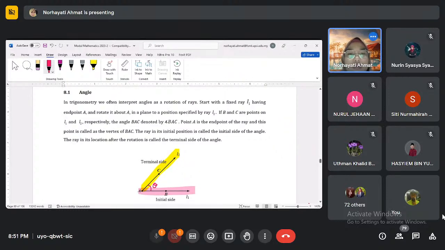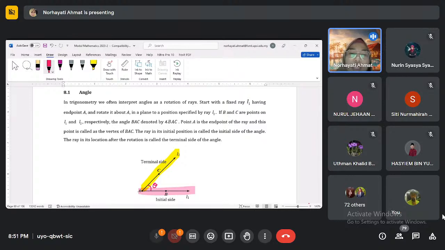So this angle theta also can be written as angle BAC. B is a point on ray L1, and C is a point on ray L2.